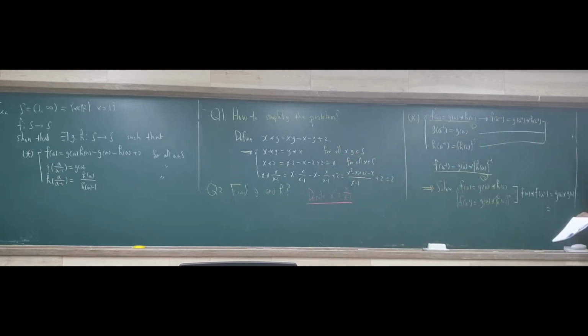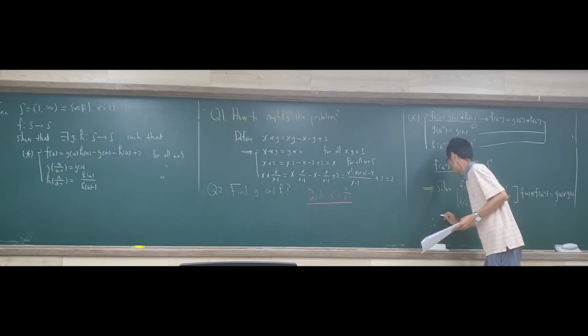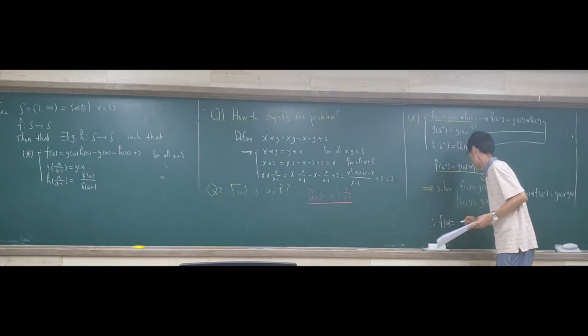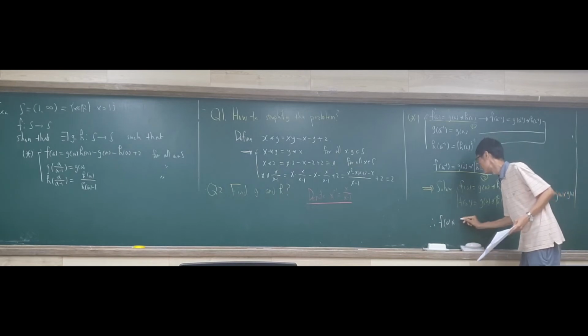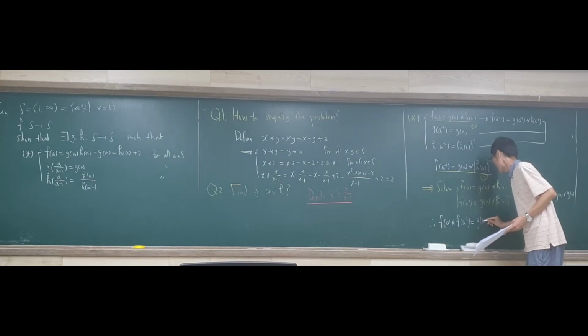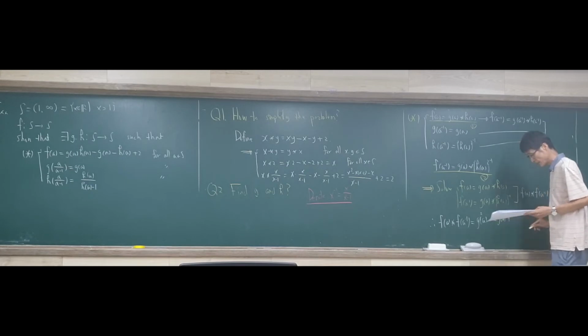and this becomes, by definition of star, G(a) squared minus twice G(a) plus 2.